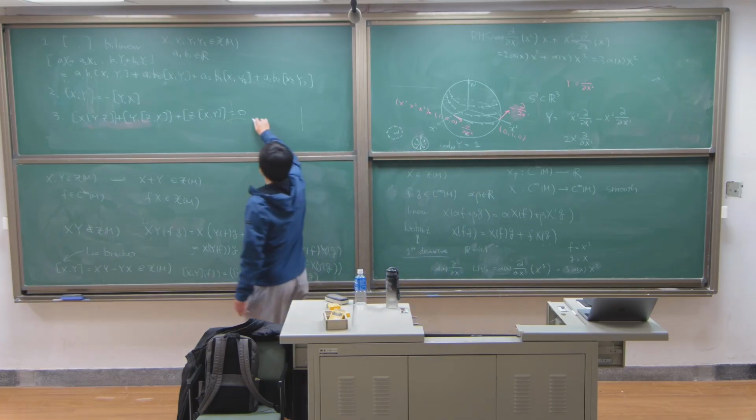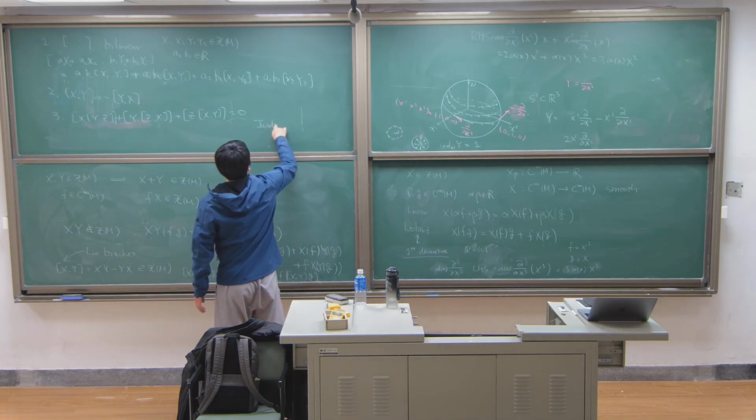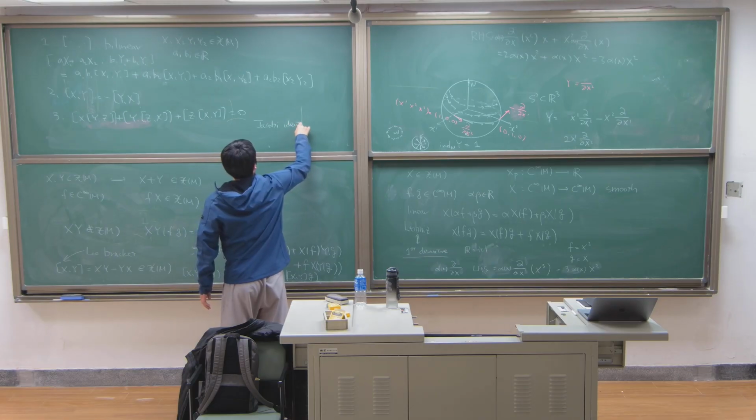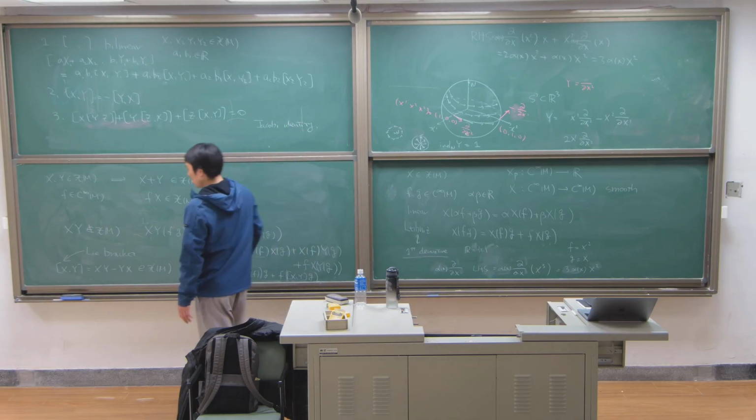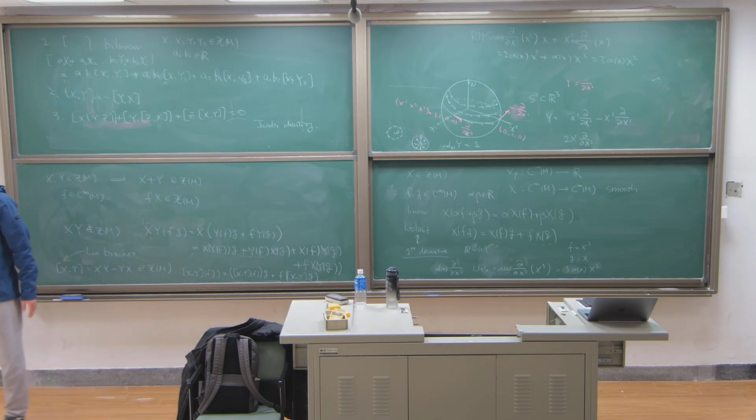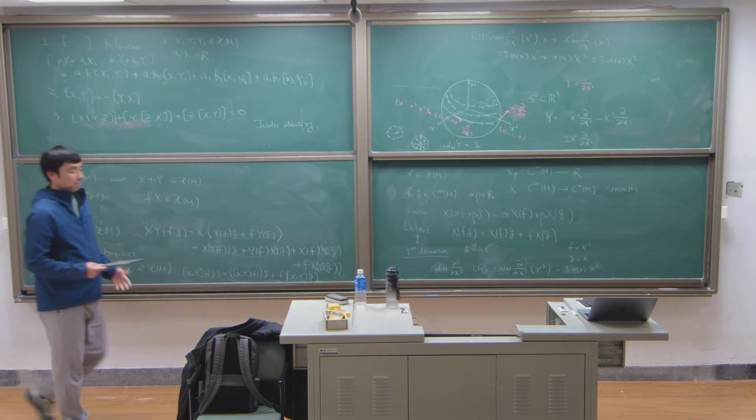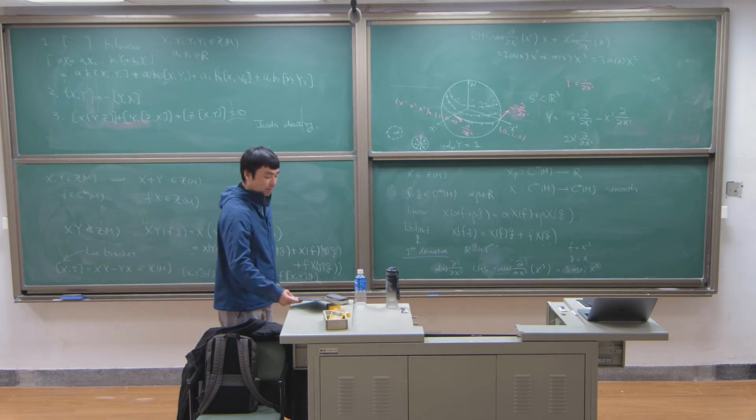So this is the Jacobi identity. This can be checked by just acting on some function.